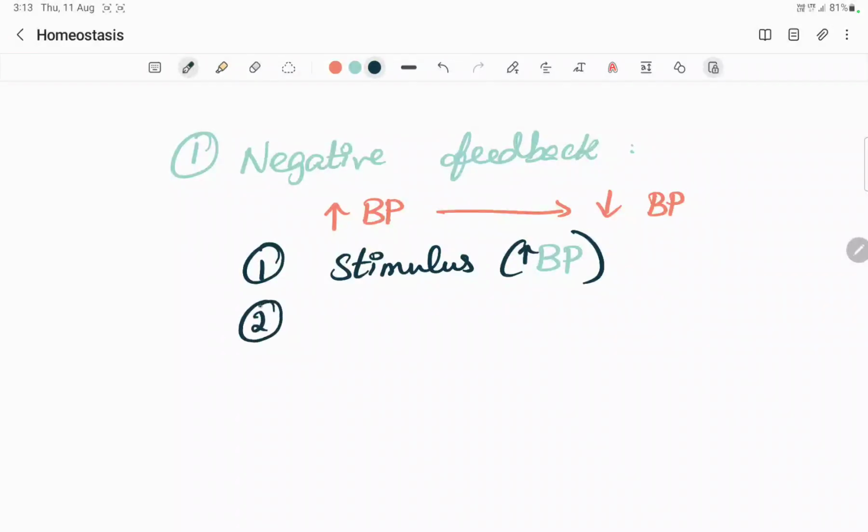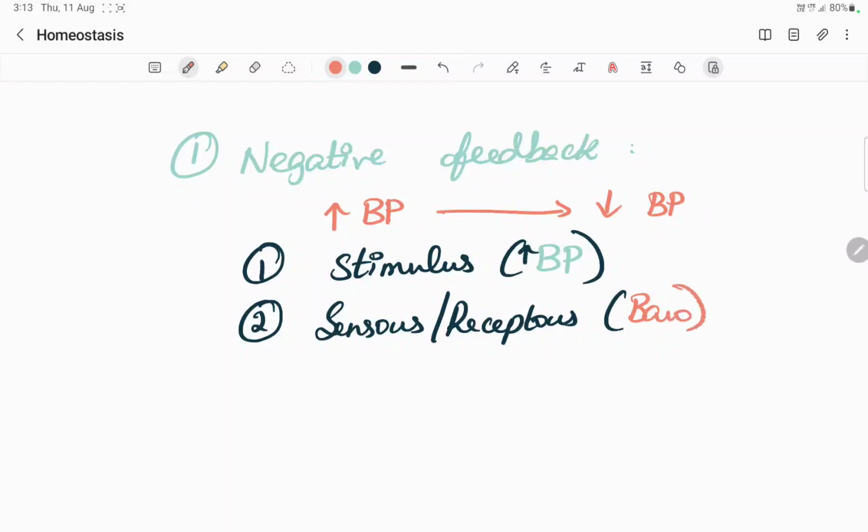Coming to the second one, we need sensors or receptors. Here we have baroreceptors. Third, we need effectors, on which, here in this example, it would be the medulla.